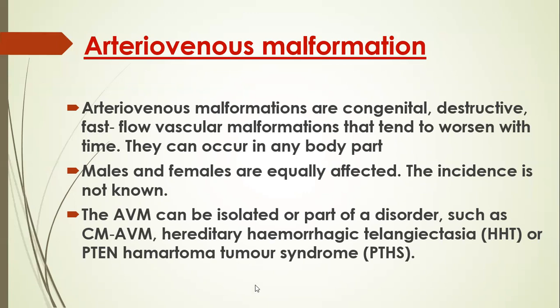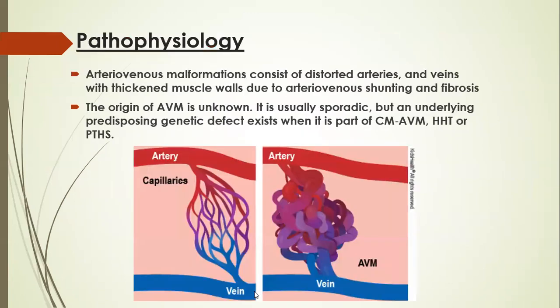syndromes. The pathophysiology: the arteriovenous malformation consists of distorted arteries and veins with thick muscular walls due to the arteriovenous shunting and fibrosis. So this is the normal circuit, with artery, capillary, and vein, and this is the arteriovenous malformation.